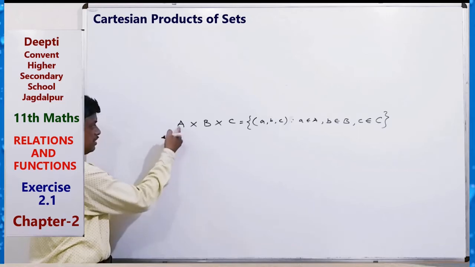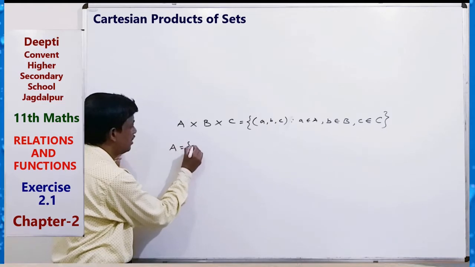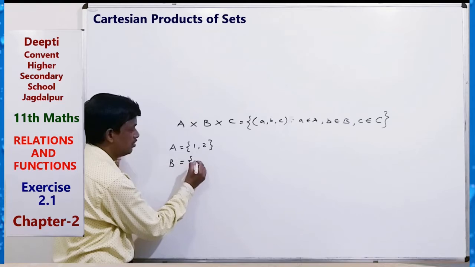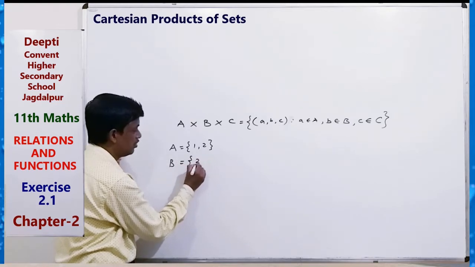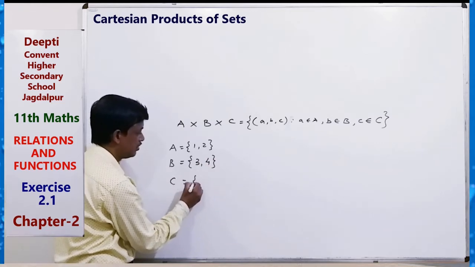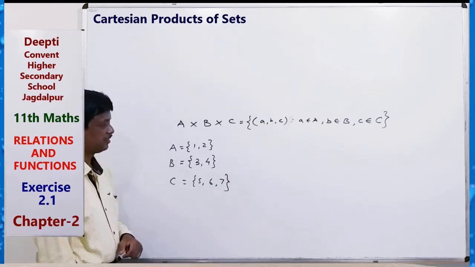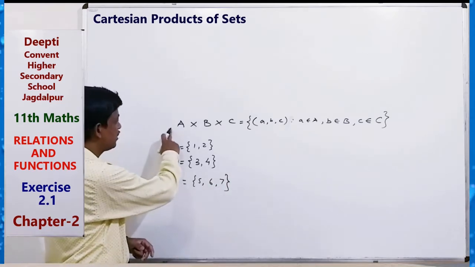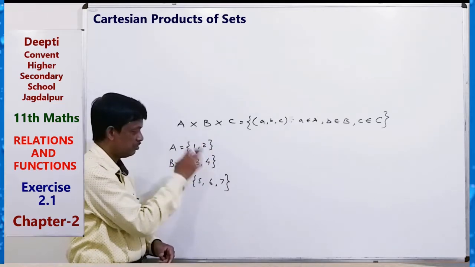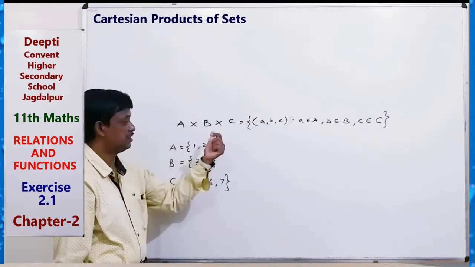Suppose A has elements 1, 2, B has elements 3, 4, and C has elements 5, 6, 7. Here also Na into Nb into Nc, 2 into 2 is 4, 4 into 3, 12 elements will be there. A cross B cross C.